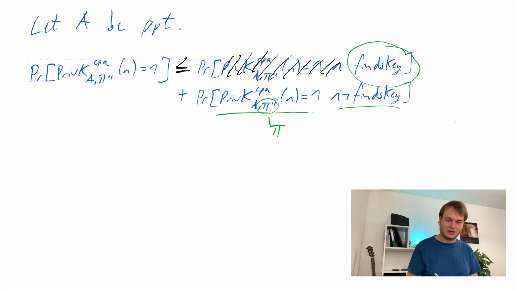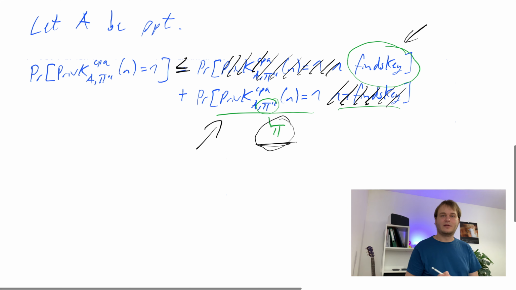We don't actually care how likely it is that he does not find the key, because him breaking or him winning against the encryption scheme pi should already be not more likely than 1/2. So we can also just remove this from the probability. And then we're left with the probability that he finds the key and the probability that he wins against the scheme pi.